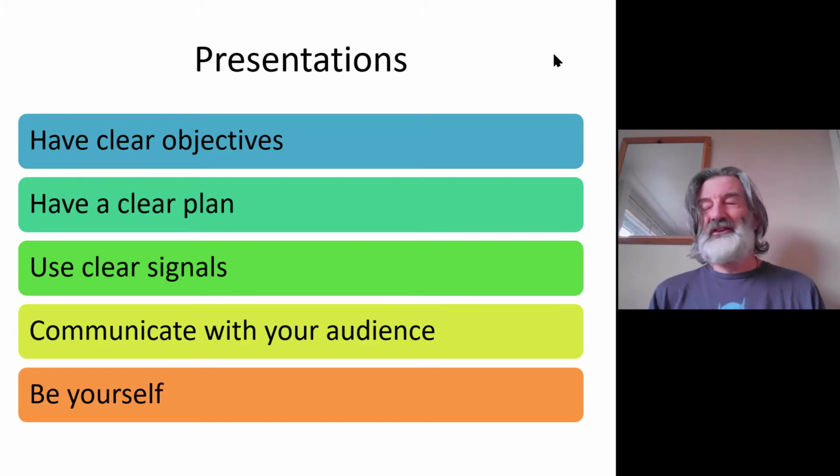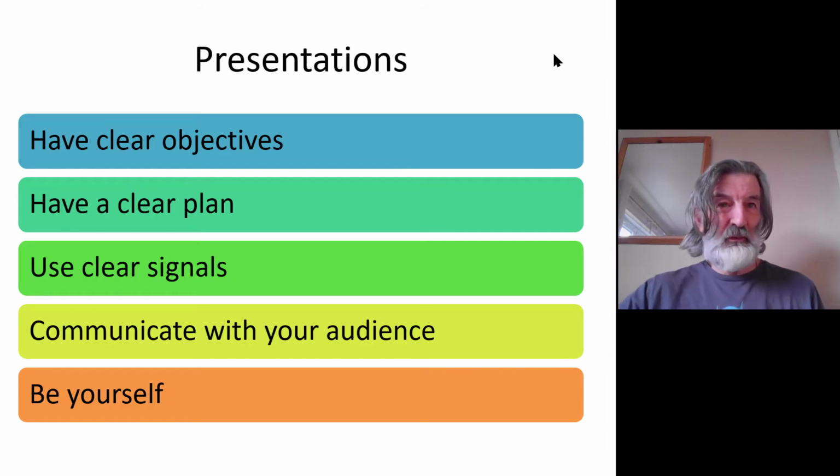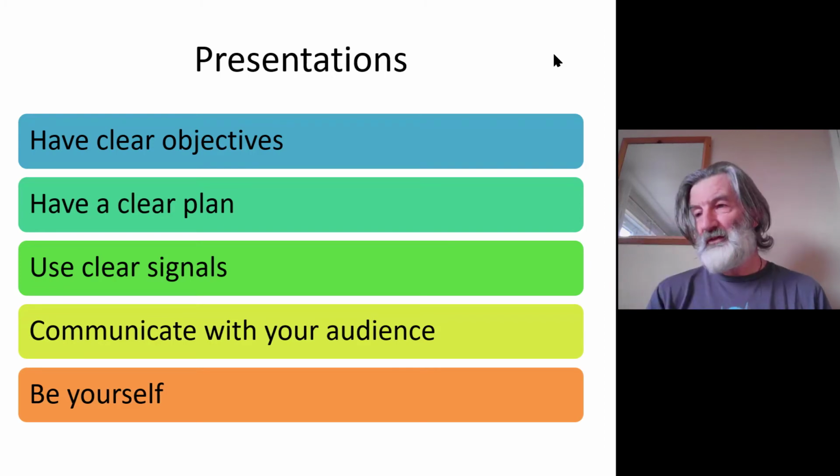I mean, that's obvious, but you'd be interested how many people don't actually achieve that. They may say words, etc. But the communication part is that relationship, that they're with you, they're making sense of what you're saying, they're understanding it, they're learning it, and possibly they're enjoying it too. And it's also very important to be yourself, to try and relax and do it.